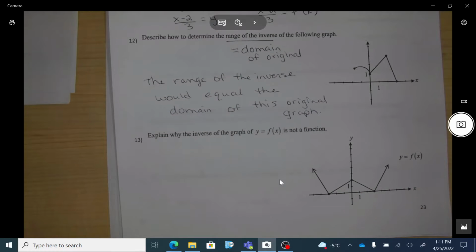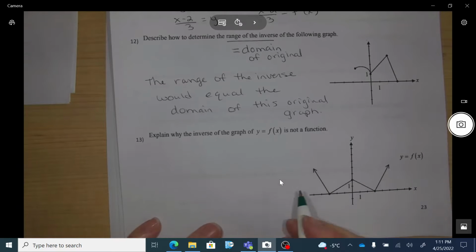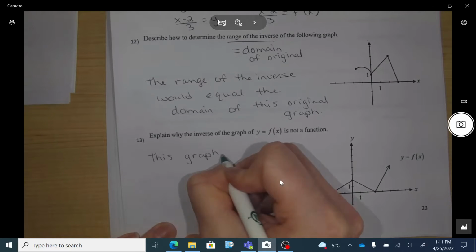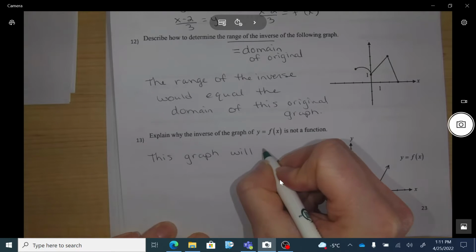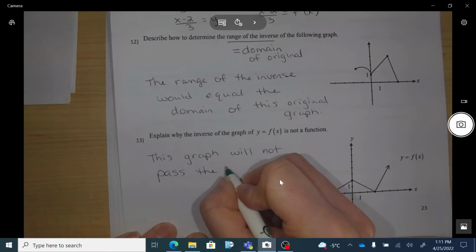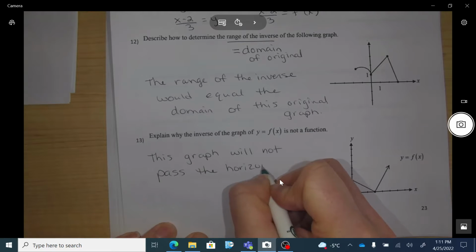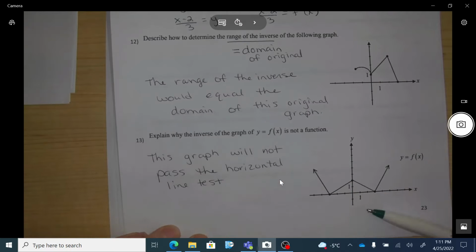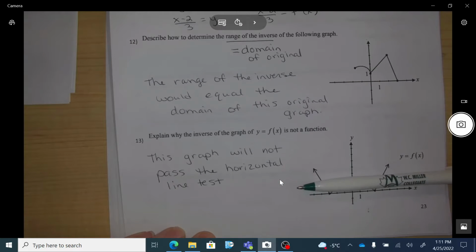Explain why the inverse of this graph is not a function. Okay, so this graph will not pass the horizontal line test. So that's a fail.